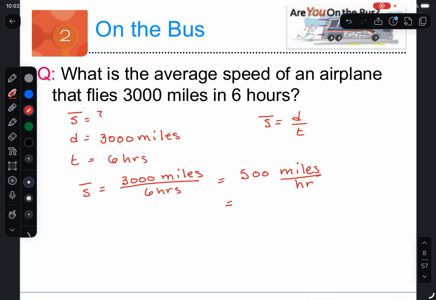And remember, you can write that as 500 mph. Now, if we wanted to give our answer in correct significant figures, our smallest significant figure is 1 digit. So then we would write it as 5 times 10 to the second miles per hour if you were asked to give your answer in correct significant figures.